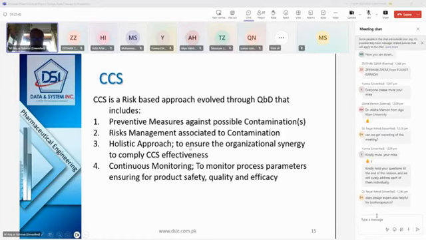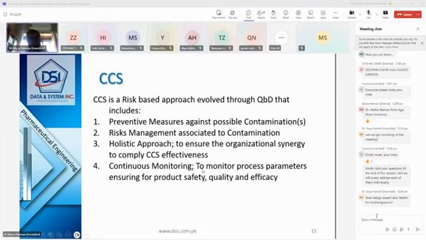Any possible contamination which can be induced during the process is addressed in the holistic approach.